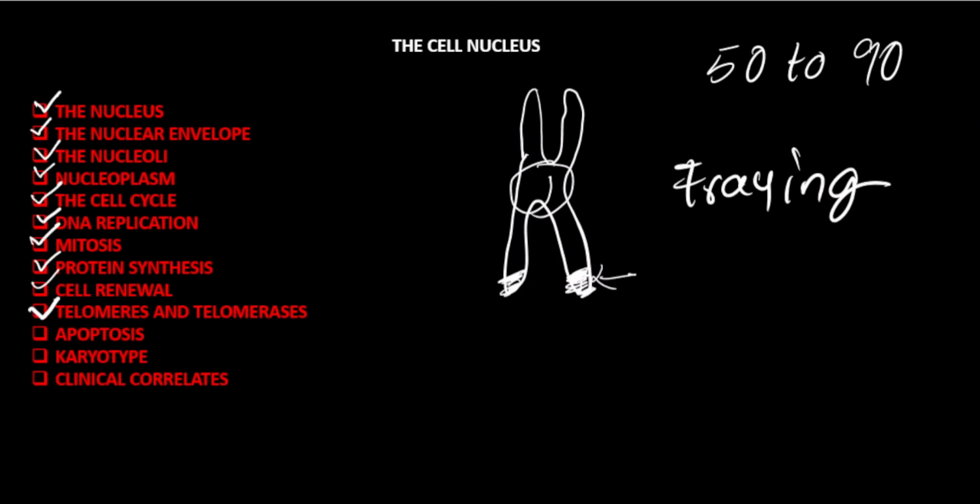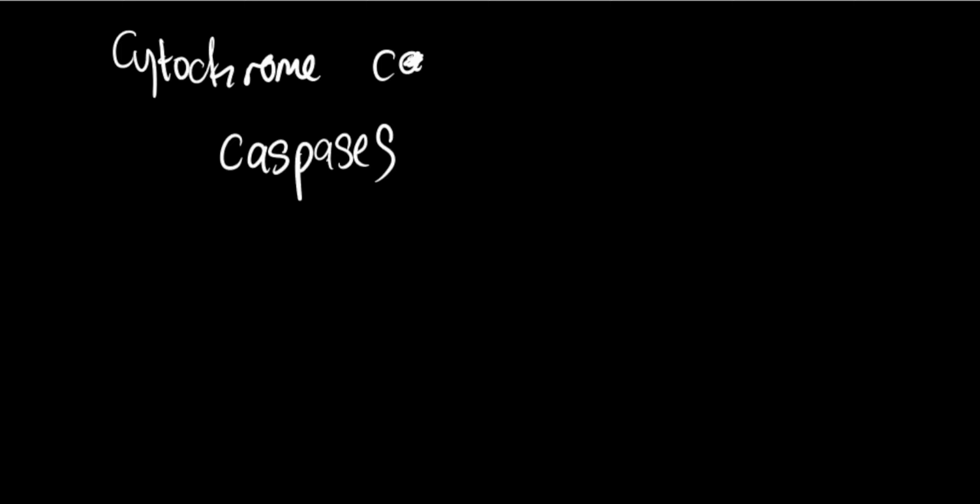Then we have the idea of apoptosis. Apoptosis is a programmed cell death, and in our video on mitochondria, we stated that the mitochondria does play a role in apoptosis. So what happens is that in apoptosis, the mitochondria becomes very permeable. When the mitochondria becomes very permeable, it releases the enzyme cytochrome C. Now, cytochrome C, when it's released into the cytosol, activates what we call the caspases, and these caspases cause digestive activities to take place within the cell.